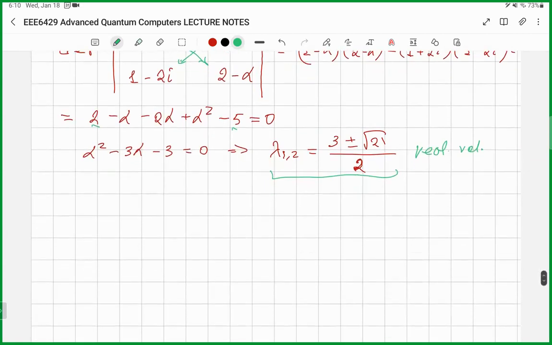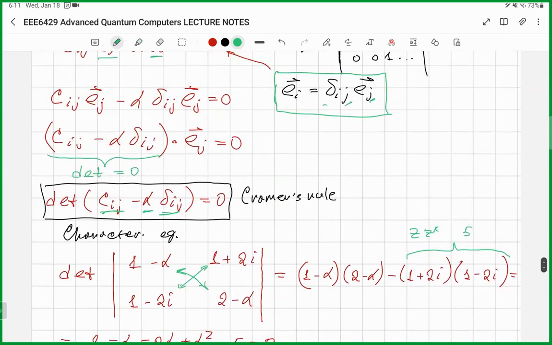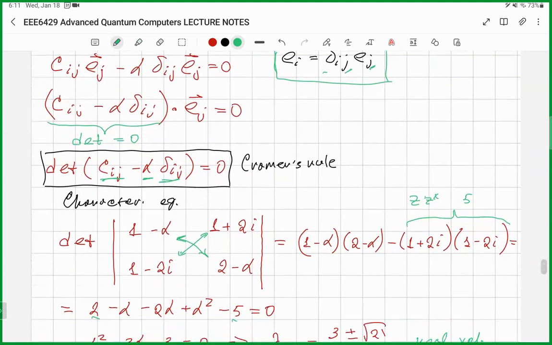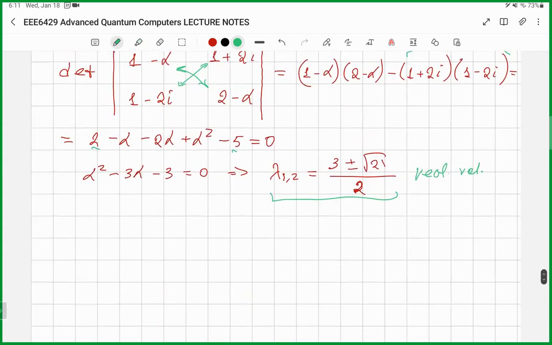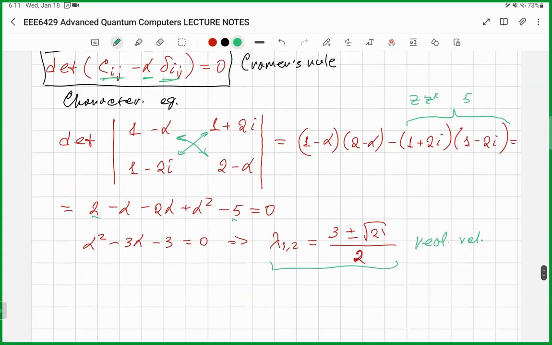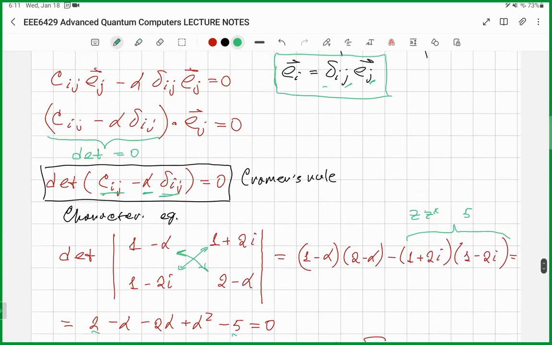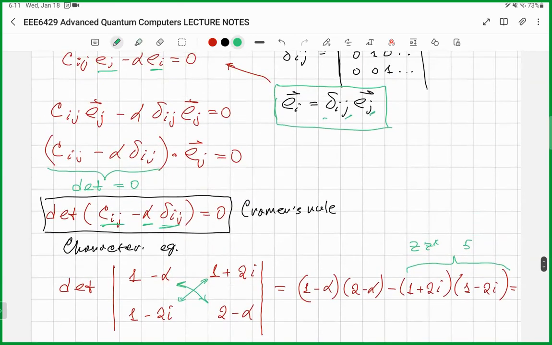And this is a big deal for quantum mechanics. This is a big deal, and this is only for Hermitian matrices. Very good. And then when you have found the eigenvalues, the task of finding eigenvectors is relatively easy.